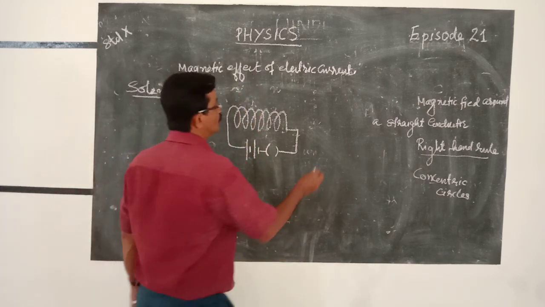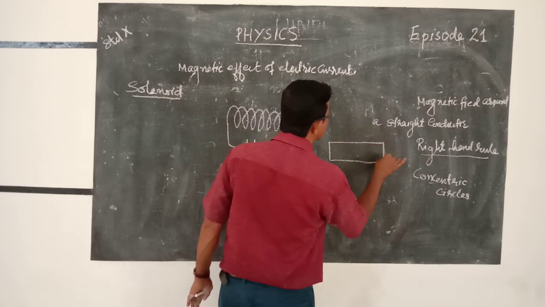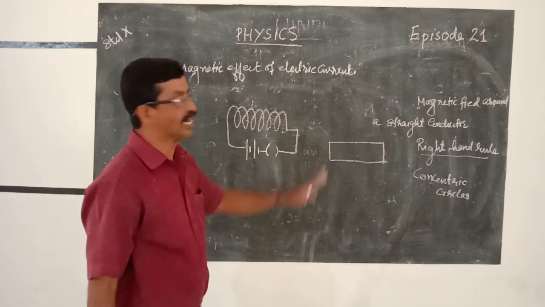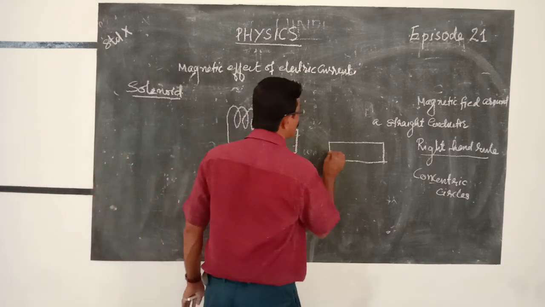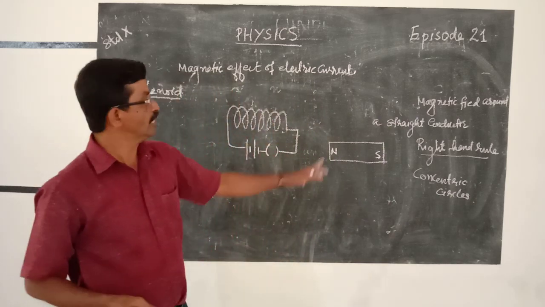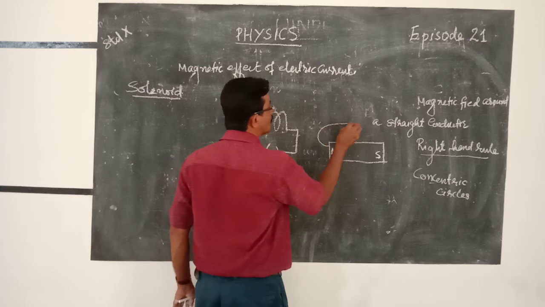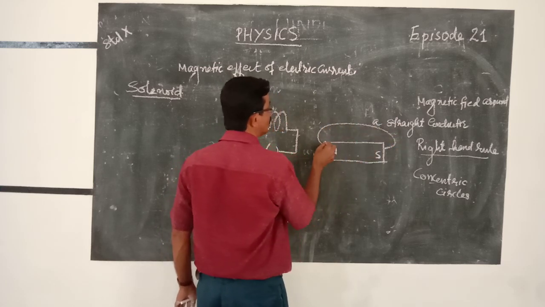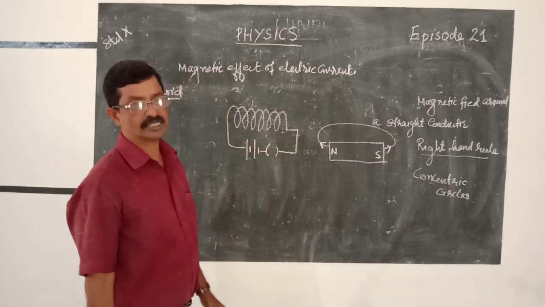We know how the magnetic field lies in a bar magnet. In a bar magnet there are two poles, one north and the other south. In a bar magnet, magnetic field lines originate from north and go to south, that is outside.